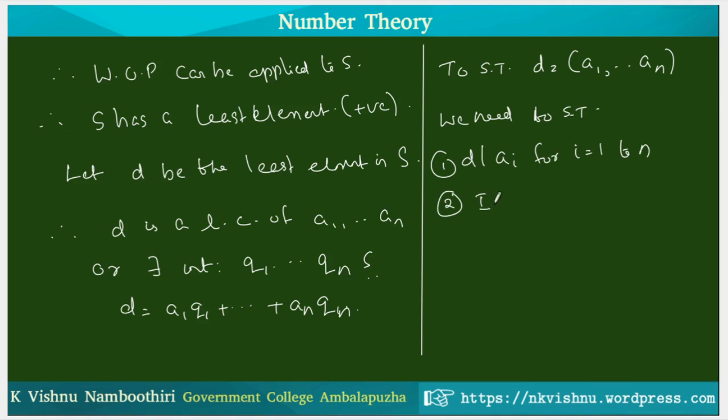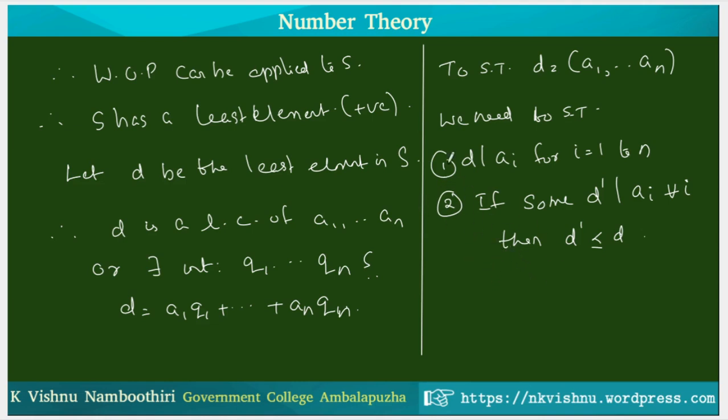Two, if some D dash divides ai for all i, then D dash is going to be less than or equal to D. These are the two things that we have to verify to show that D is the GCD.